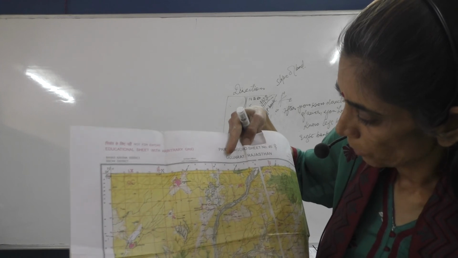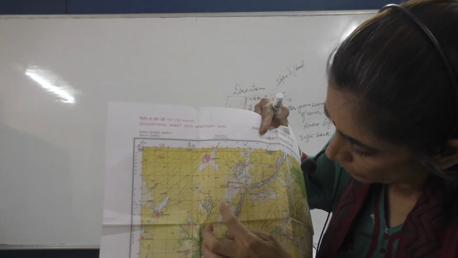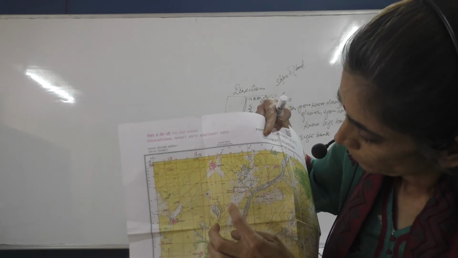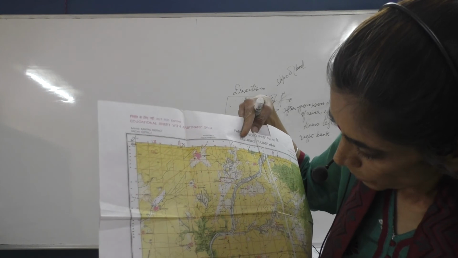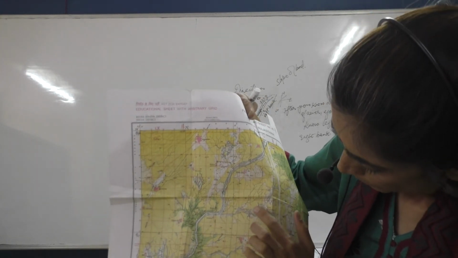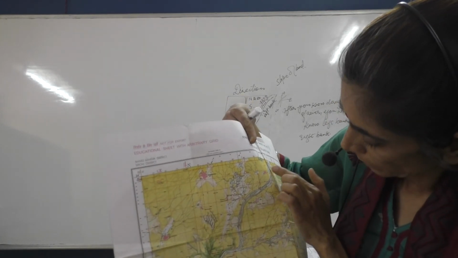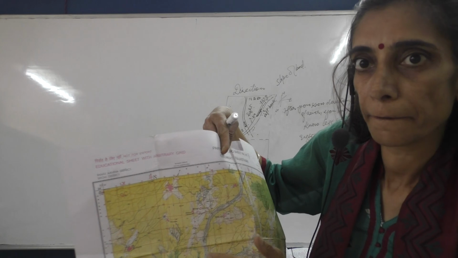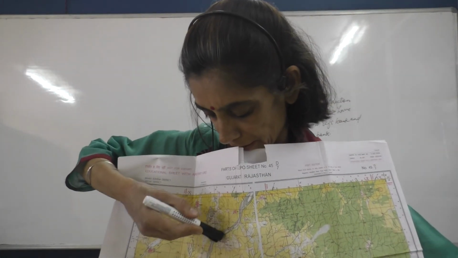Look at other spot heights, 208, then we have 208, 201, 191. So again it is decreasing this side. So you'll have to look at this decreasing this way.